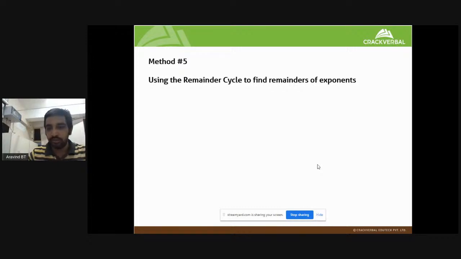So how do we form a remainder cycle? I'll just take a simple example. Let us say I want to find the remainder of 3 power 45 divided by 5.